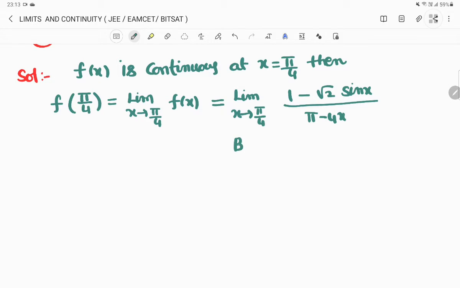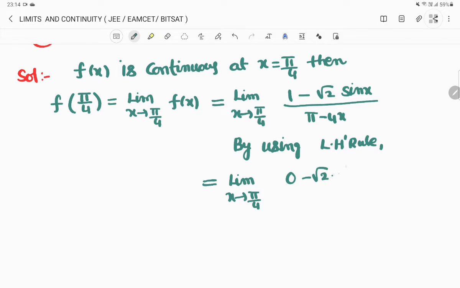So by using L'Hospital rule, limit x tends to pi by 4: constant 1 derivative 0, minus root 2 into sin x derivative is cos x, divided by pi constant derivative 0, minus 4x derivative is minus 4.